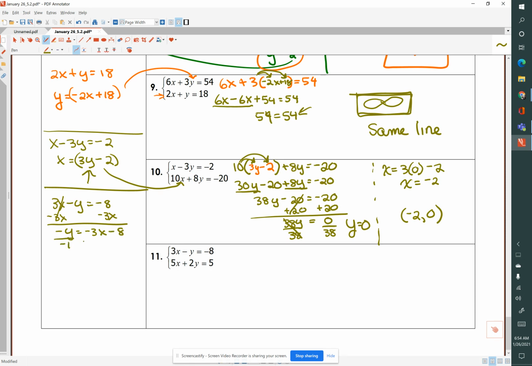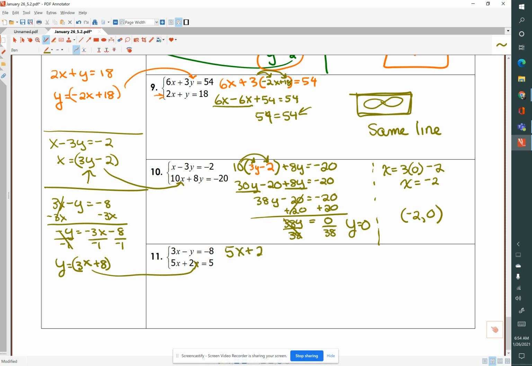Now I divide everything by negative 1, all three terms. And I end up with y equals 3x plus 8. I like that. Then we're going to substitute that value of y for y in the second equation. And we will solve for x.